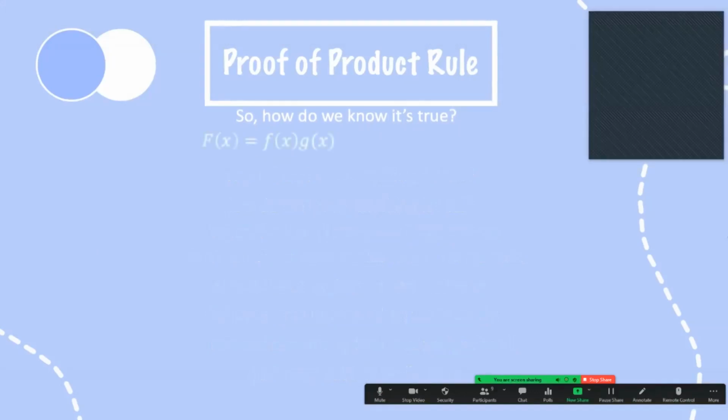Okay, so I'm going to use capital F to signify f of x times g of x. We have the definition of the derivative, the limit as h goes to 0 of capital F of x plus h minus capital F of x divided by h.